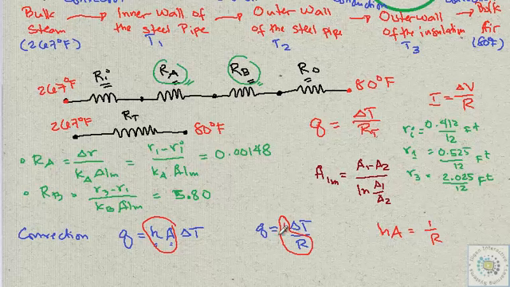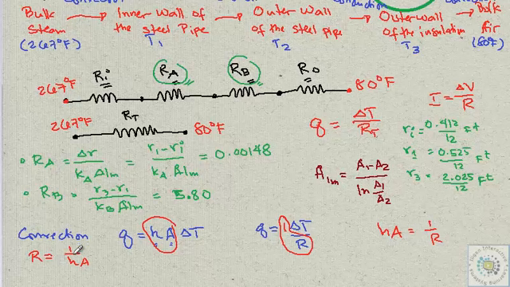So the resistance offered by convection is the reciprocal of that, R equals 1 over hA. So this is now in resistance form. How do you get the thermal resistance of convection heat transfer? Simply 1 over hA.